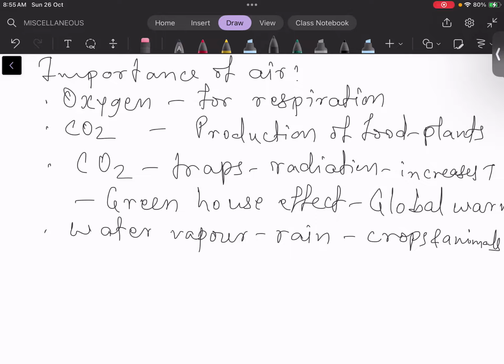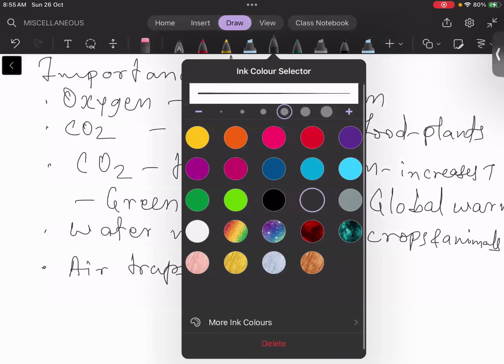Then air traps harmful radiation. That is, there is an ozone layer in between.